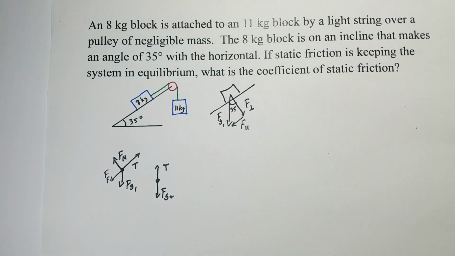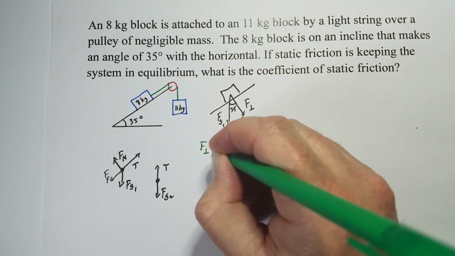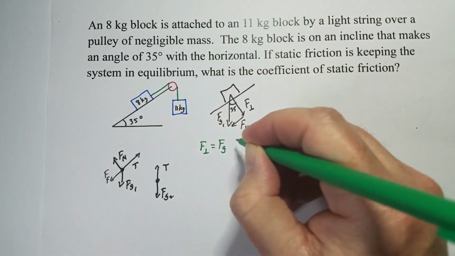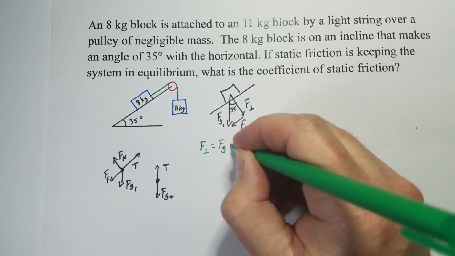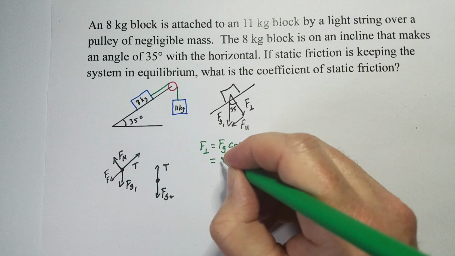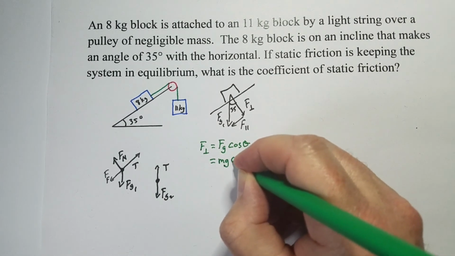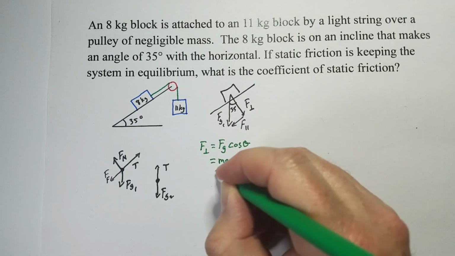So to start off with, let's break those components up and see what we get. So the force perpendicular will be equal to the weight of the object, and that's the adjacent side, so that'll be cosine of the angle. So in this case, it'll be m1 g cosine theta.